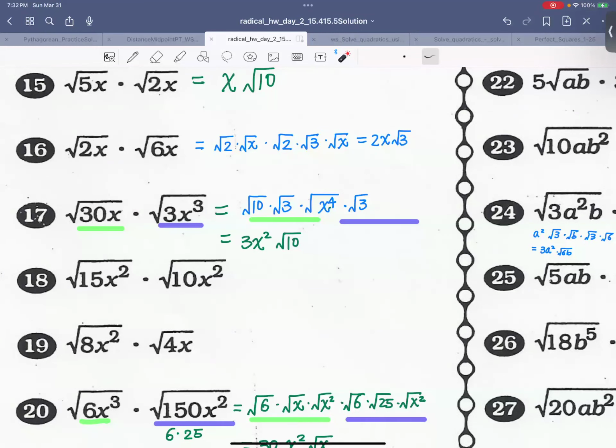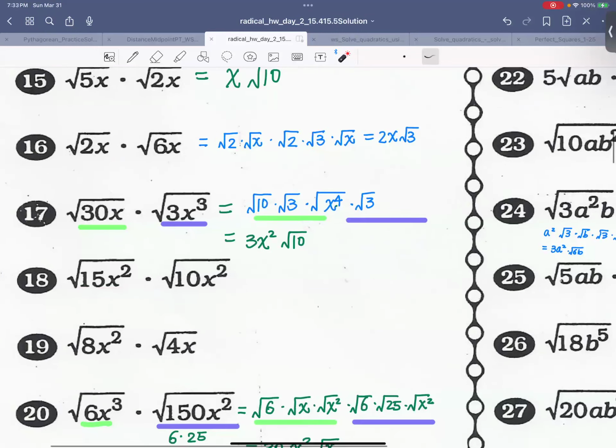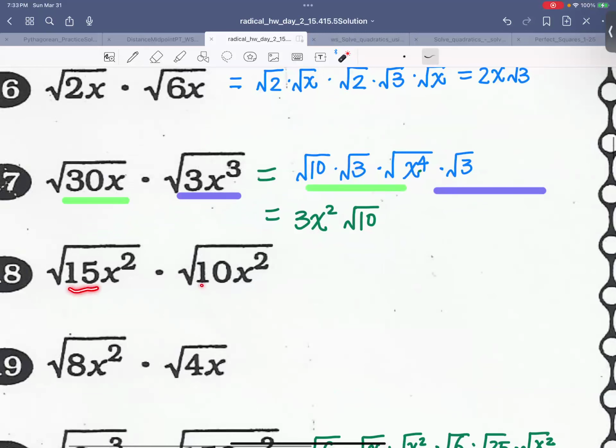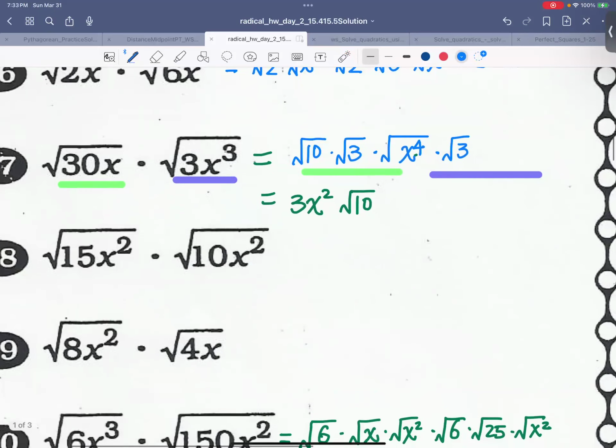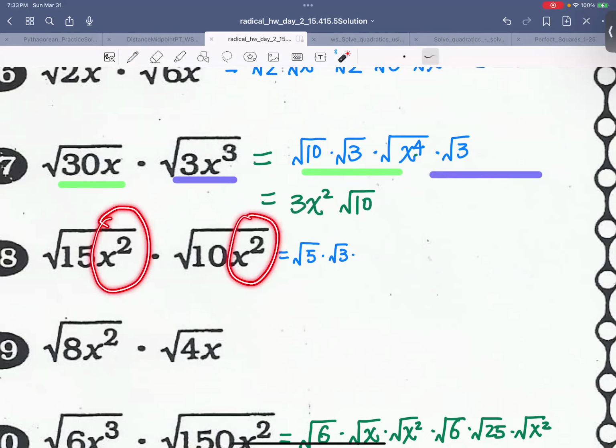Chloe, let's take a look at number 18. Go ahead. This is 15. This is 10. So what do you do? 15 is who by who? 5 by 3. So you rewrite 15 as square root 5 times square root 3. And this is square root x squared. And this is square root x squared. So this is actually, you can write down in one step. Who is this? X squared. Yes, that is x squared.